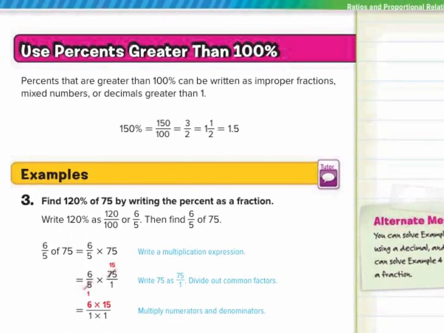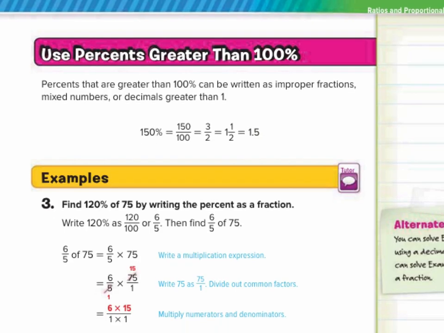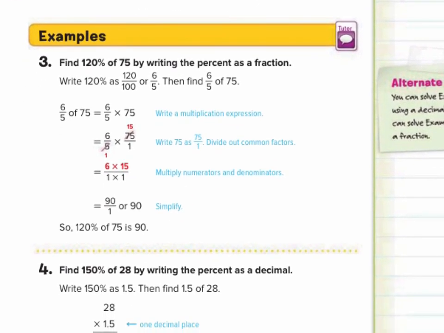Percents that are greater than 100% can be written as improper fractions, mixed numbers, or decimals greater than 1. So 150% is 150 over 100, which simplifies to 3 halves, or 1 and 1/2, or 1.5, which is 1 and 5/10. And so you can multiply by 3 halves or 1 and 5/10. And that's what we're going to do in our guided examples here.